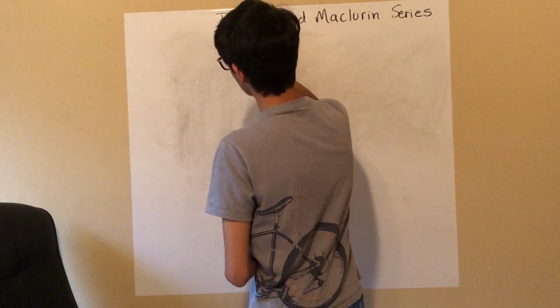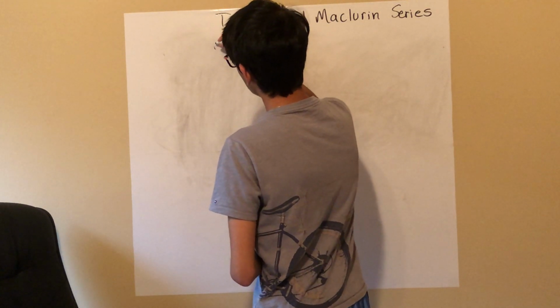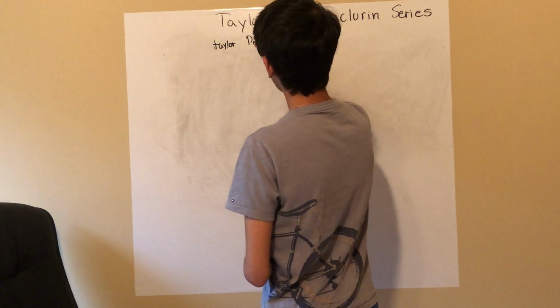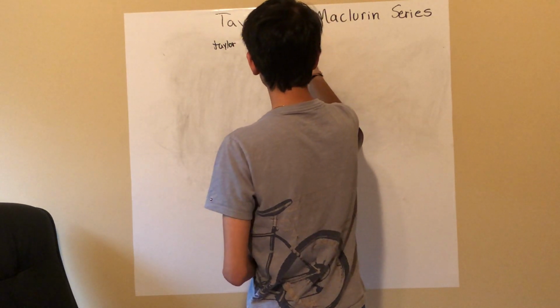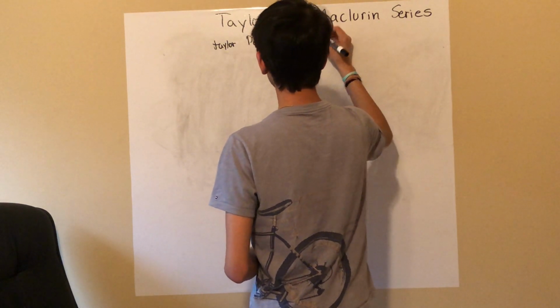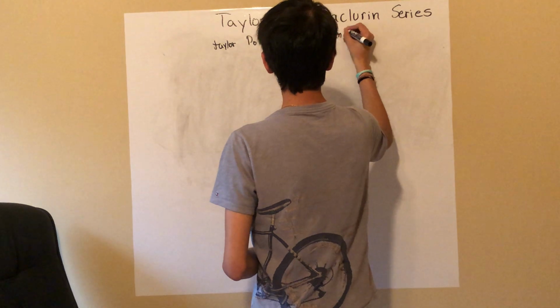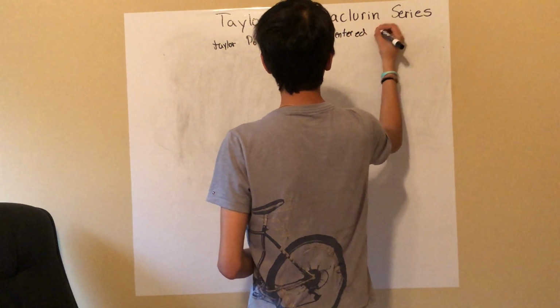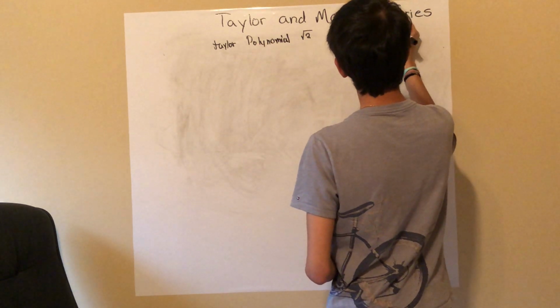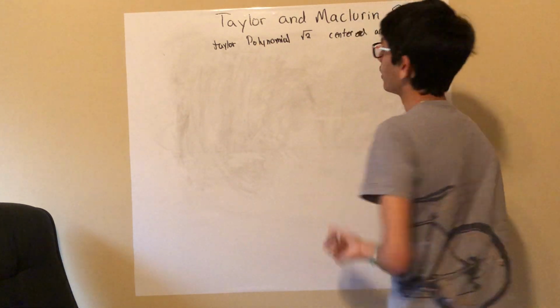So in this case, she asked for the Taylor polynomial of root 2 centered around x equals 1.